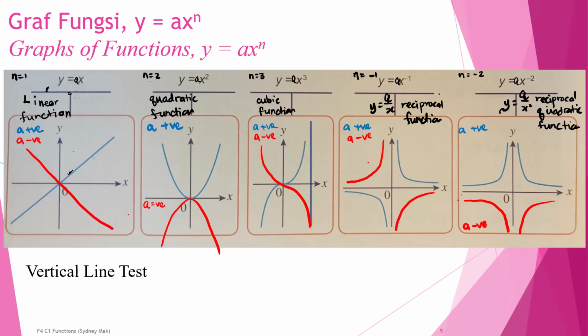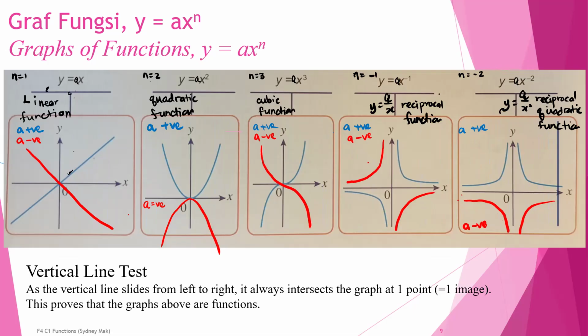Every time, at any moment, the vertical line only intersects the blue graph of the function at one point. And this vertical line test proves that they are functions. So remember, we use the vertical line test to test whether it is a function or not.